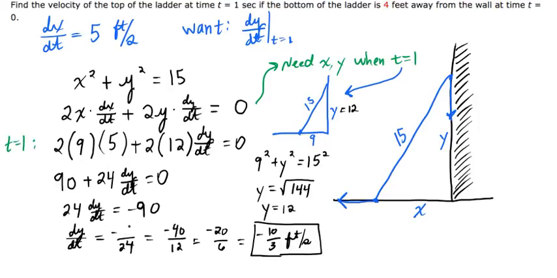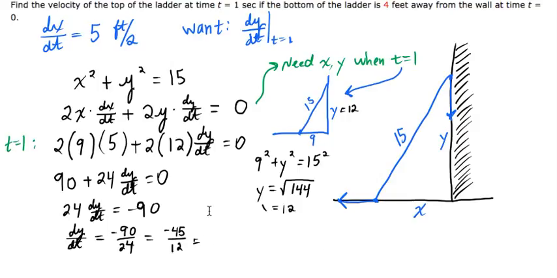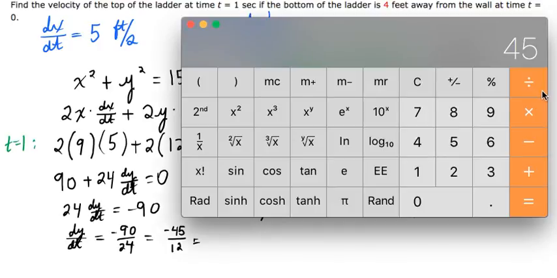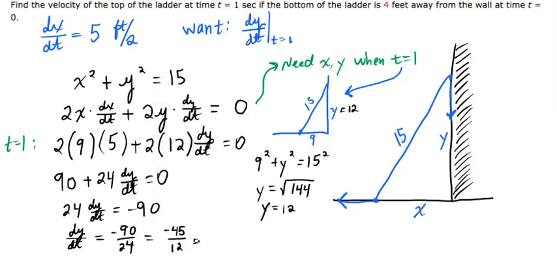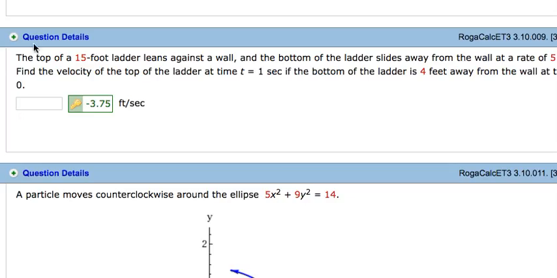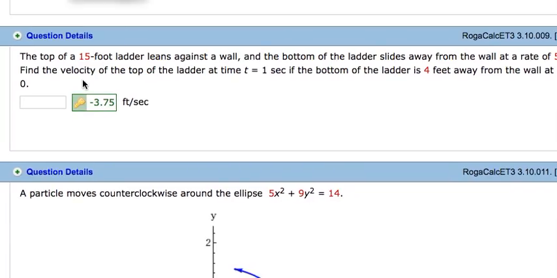When we do negative 90 over 24, that's the same as negative 45 over 12. And at some point we just need to approximate. Since we're going to approximate anyways, when you do 45 divided by 12, we do get negative 3.75. And in here they do want you to include the negative, it looks like.